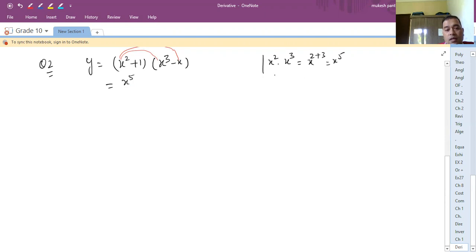Then x squared times x, obviously it will be negative, x to the power 2, no power means 1. And then 1 times x cubed and 1 times minus x.